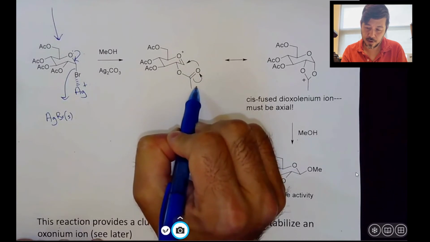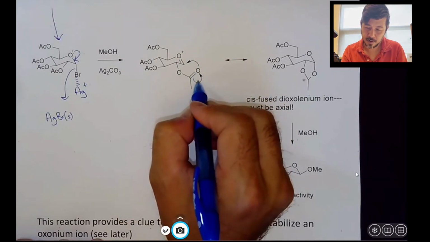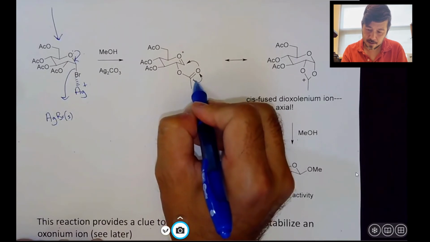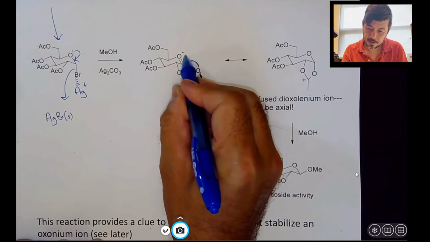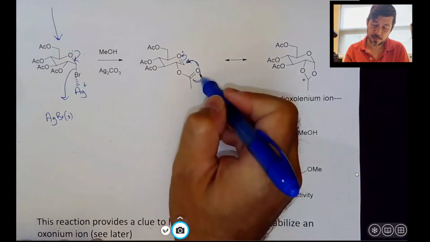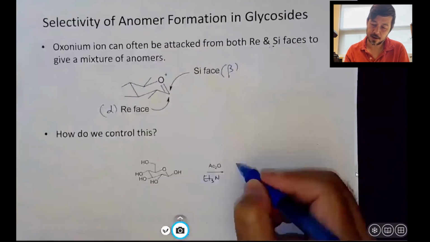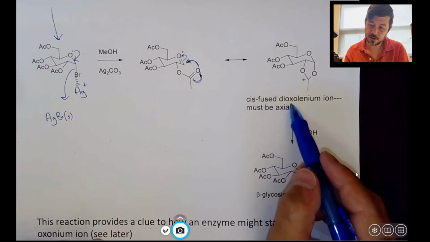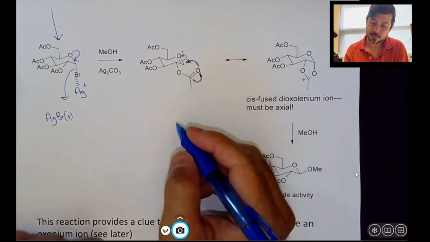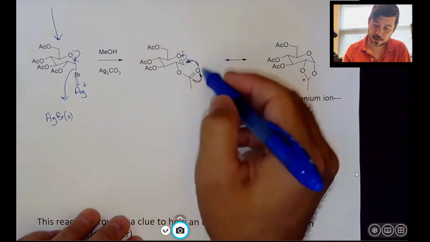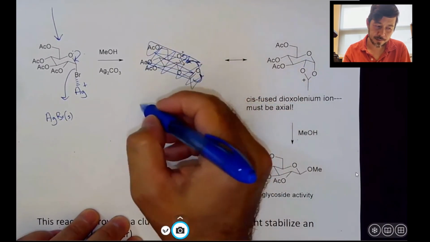But what I'm showing you here is that the acetyl group is actually on its own participating and reacting here to form an oxocarbenium ion. It's forming a cis-fused dioxolenium ion, and it can only attack from the bottom. So I'm just going to redraw this because it's a little bit messy.